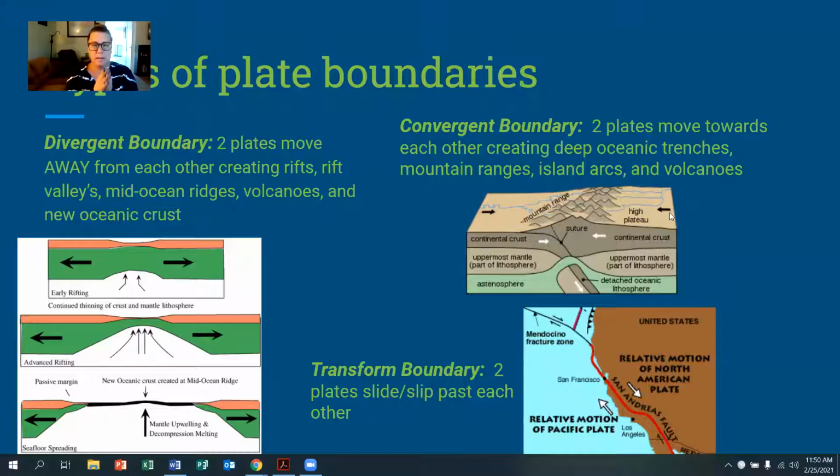Another thing that can happen at a convergent boundary, besides continental coming together, is oceanic coming together. And again, those two are of the same density, so they're going to compete and push up, and possibly form either volcanoes or island arcs.